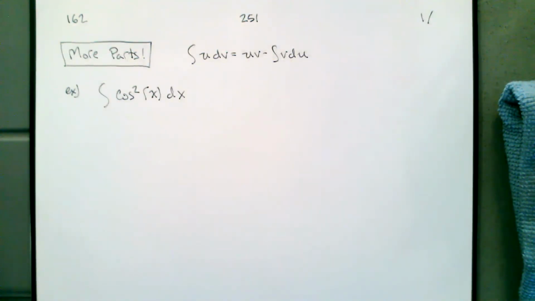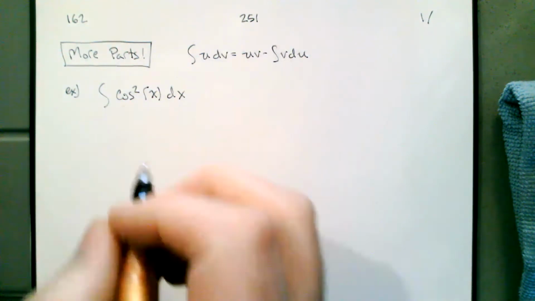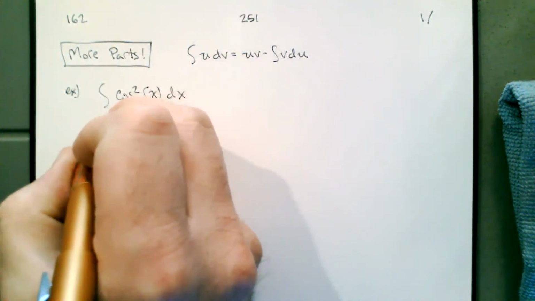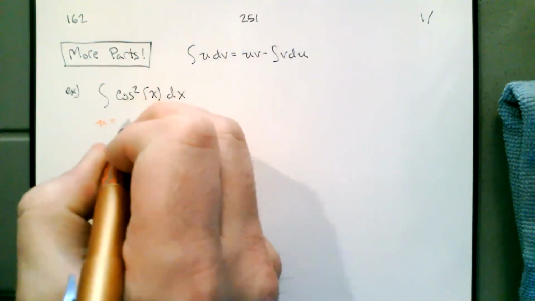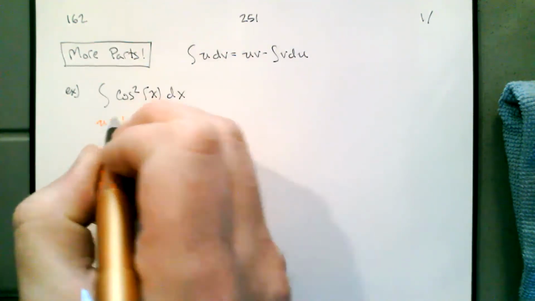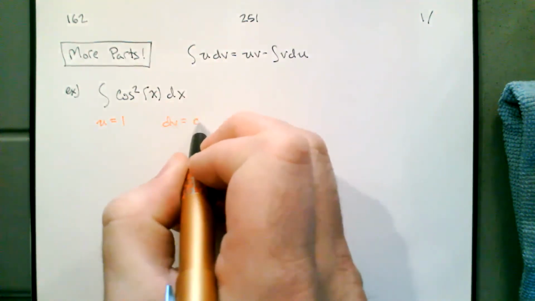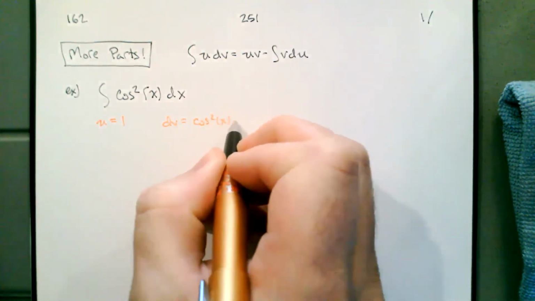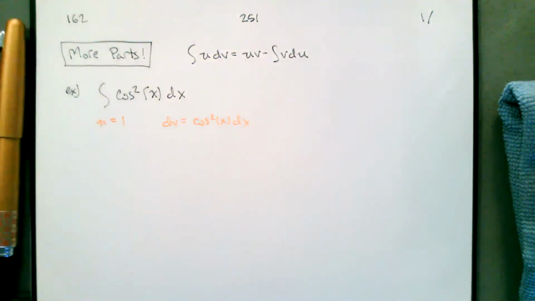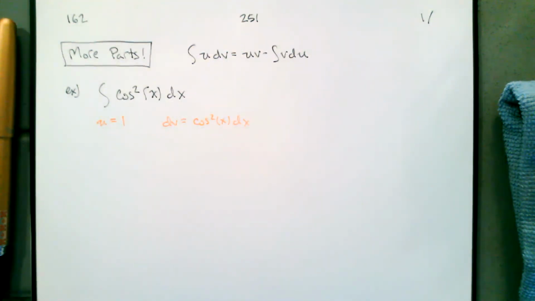So let's think about how we can set this up with parts. The first step is to choose what parts we're going to use. So it could be that we put all the cosines in the dv part. But this isn't going to work because the dv has to be something we can integrate. And if I knew the integral of cosine squared x, I wouldn't be doing parts.